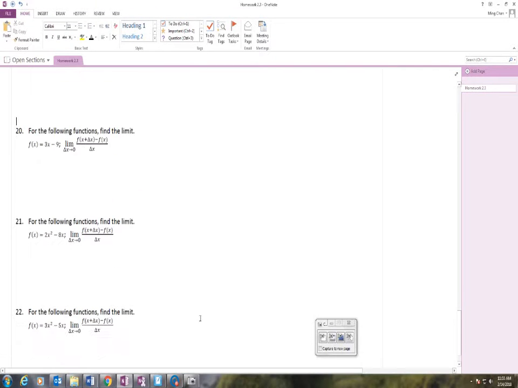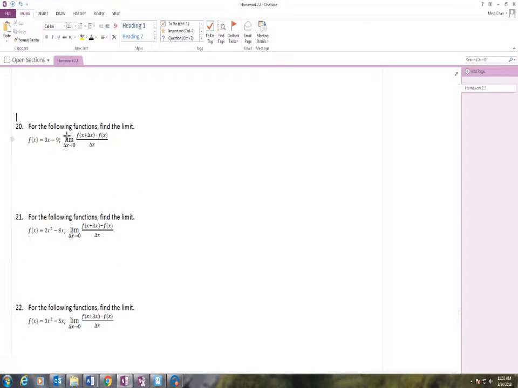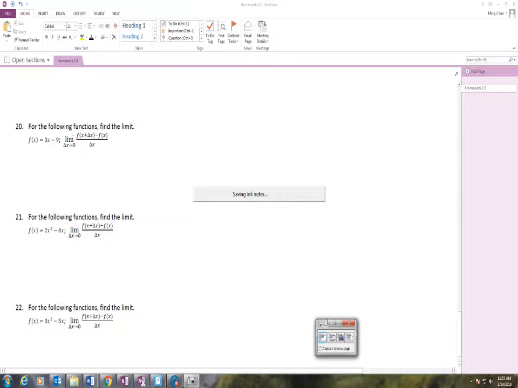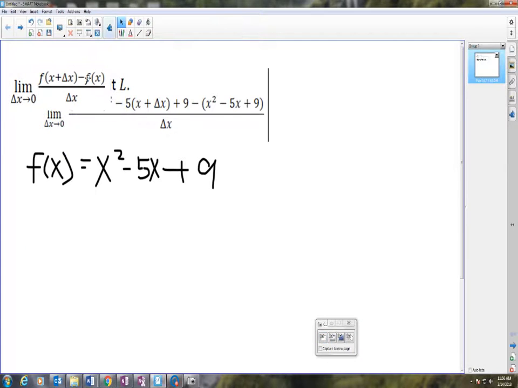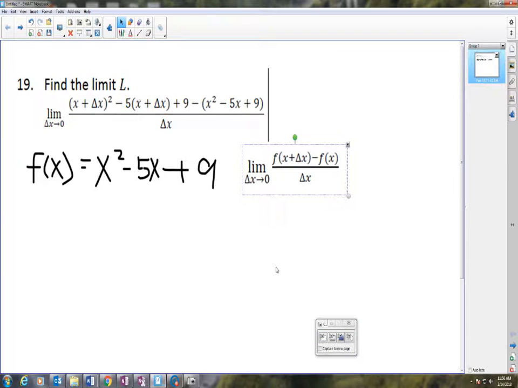Let me copy this. So, the limit as delta x approaches 0 of this formula, which we've seen before back in chapter 1. What we do is substitute x plus delta x for every x I see.